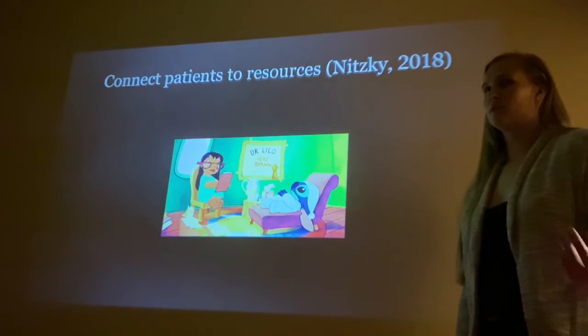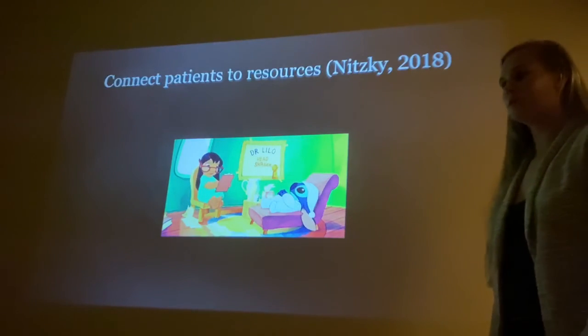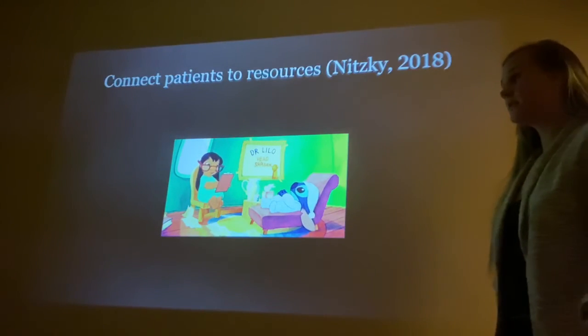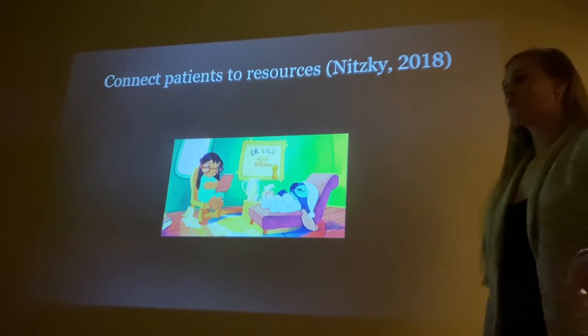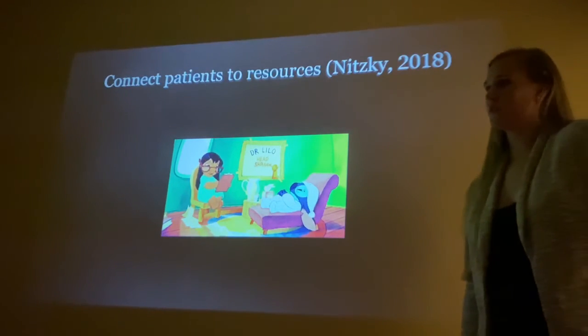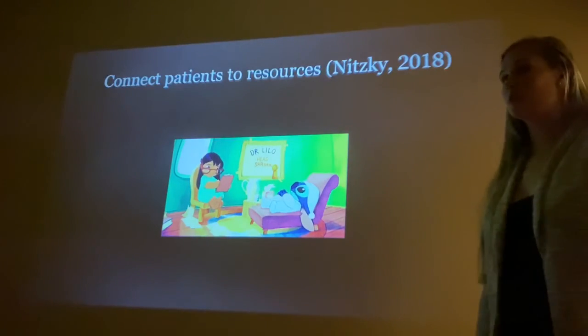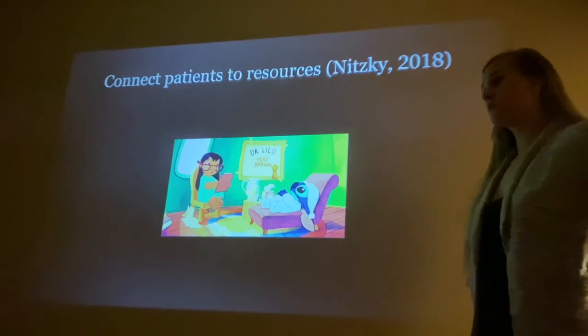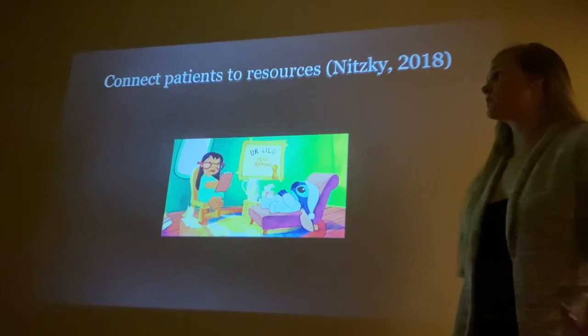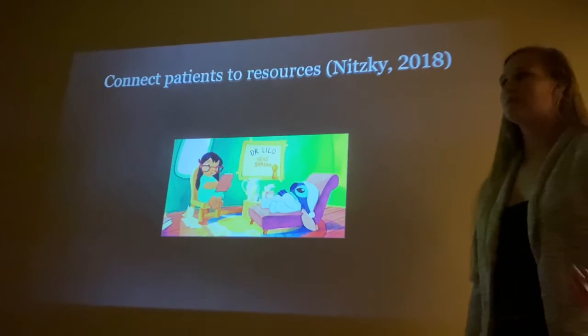Another resource that you can connect them to is a pastor if they have religious needs. You can also connect your patient to the doctor if they feel that they need to talk to the doctor, and that's going to be their best resource. You can contact the doctor and say, hey, my patient would like to talk to you.